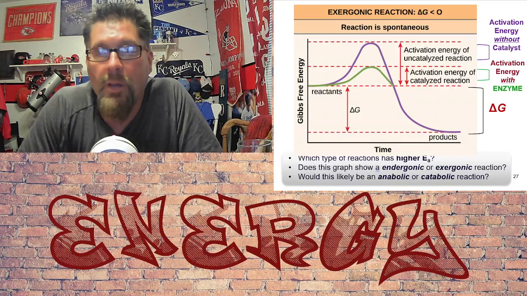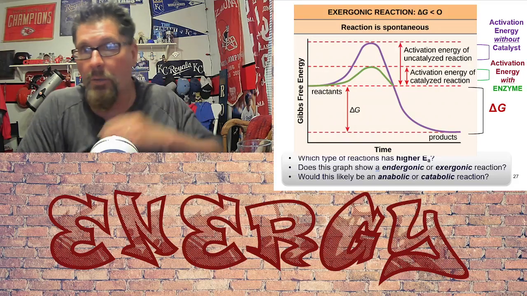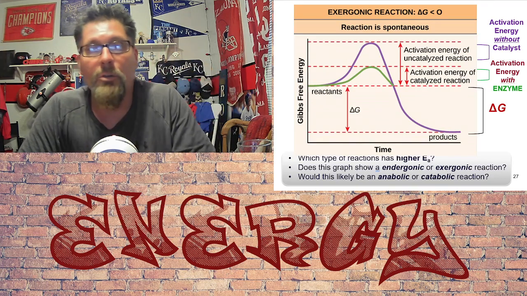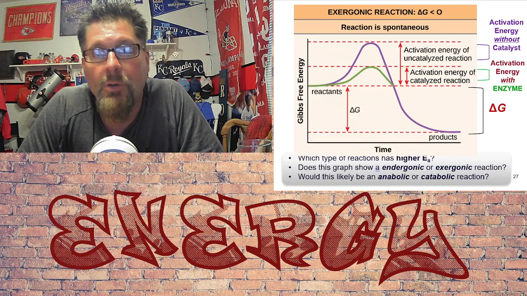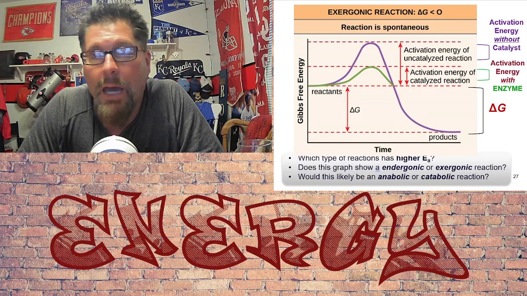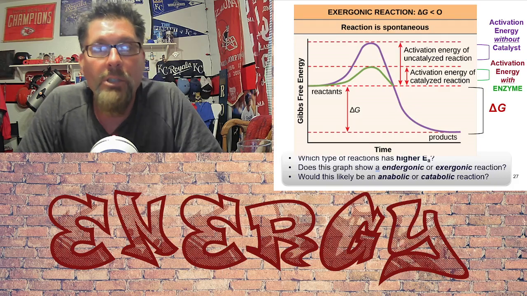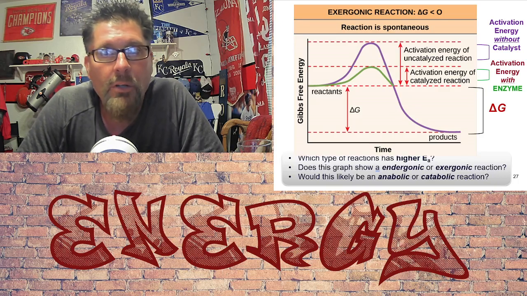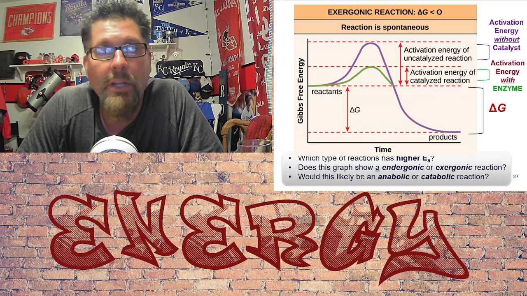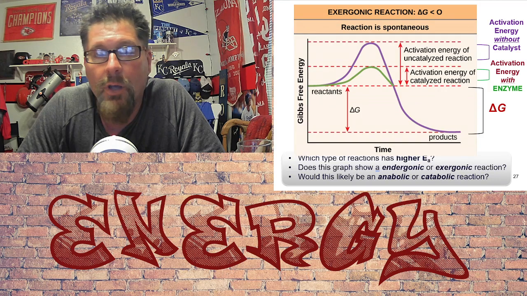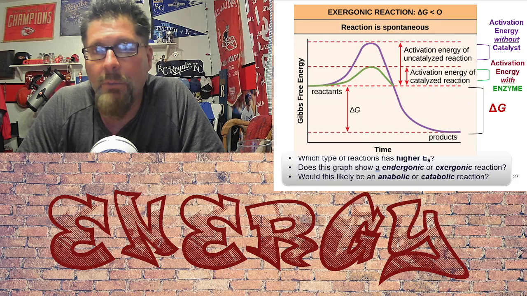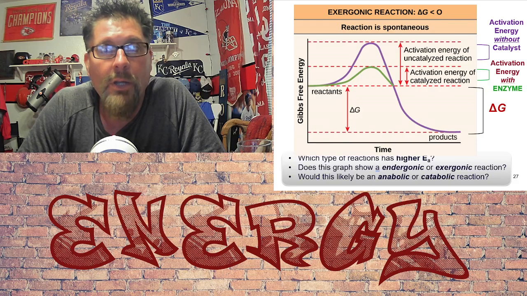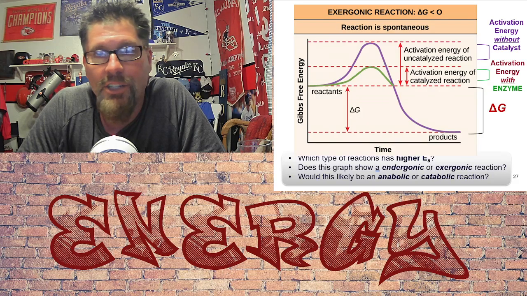Now, along with working on the bonds, enzymes also make the reaction happen quicker, and they do so by altering the needs of the reaction. What I simply mean is that it lowers the amount of energy that is needed to start the reaction.